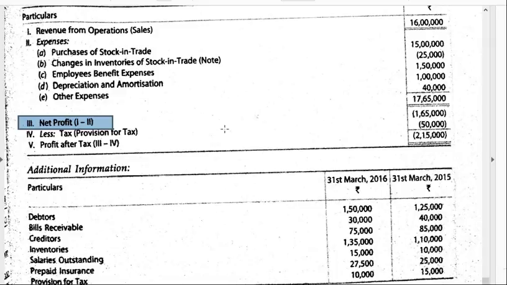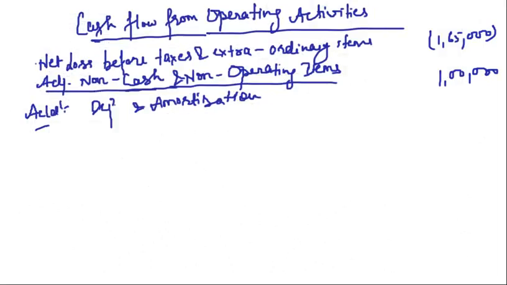Additional information: debtors, bills receivable, creditors, inventories, salaries outstanding, prepaid insurance, all related to the working capital changes. So that's all for this. So this is what we get as 65,000.